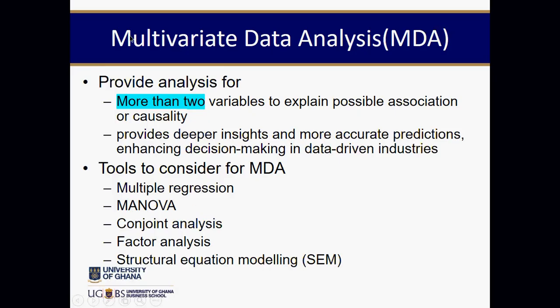So now you remember we first did univariate, which is one, bivariate, which is two. Now we are on multivariate data analysis. Multivariate data analysis provides analysis for more than two variables to explain the possible association or causality.